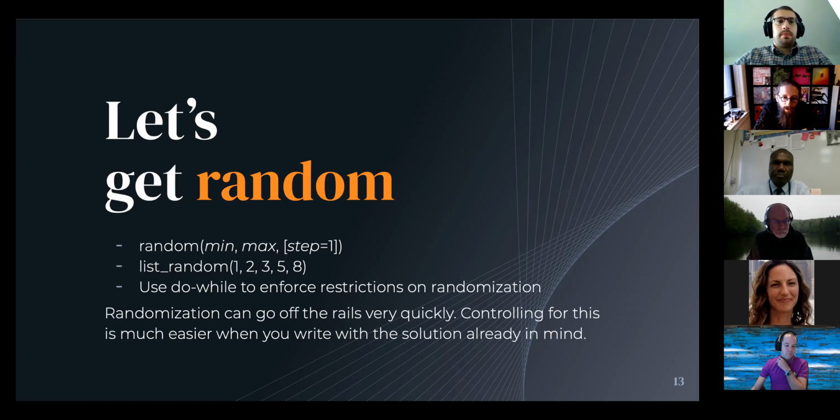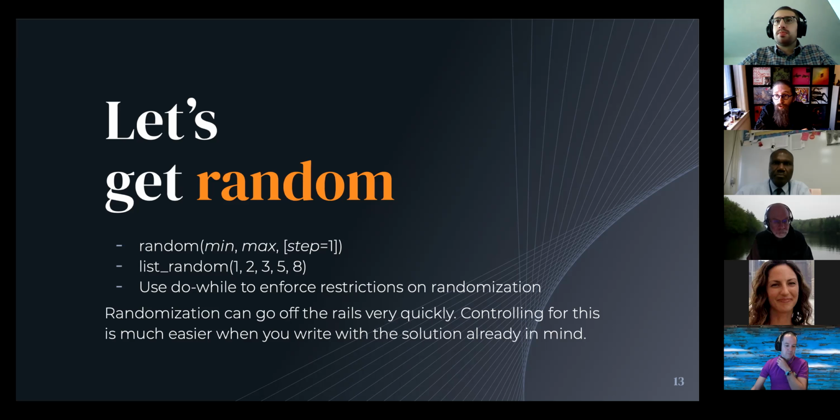So there are a few different ways of handling randomization in WeBWorK. The most common is just random. There's a function called random. You specify your minimum number, your maximum number, and there's an optional step that you can provide. It allows you to say, I would like to select a random number between the minimum and the maximum at intervals of whatever step you choose.